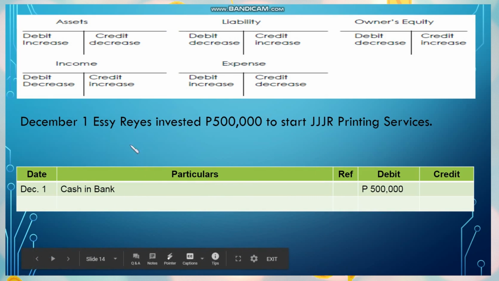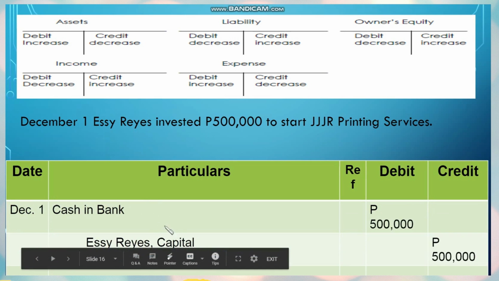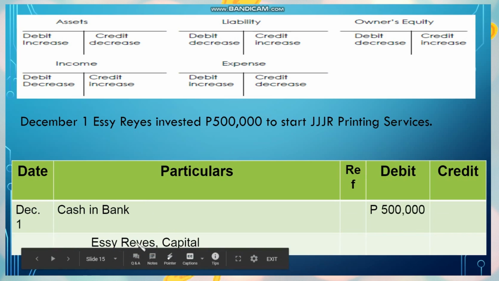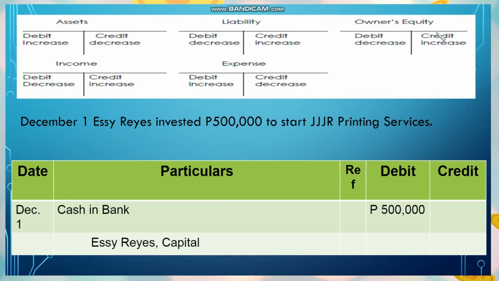Now, going back, since we received cash in bank for $500,000 and it was invested by S.E. Reyes, that means that S.E. Reyes will have an ownership in the business amounting to $500,000. So S.E. Reyes capital will be recorded. It's credited, because an increase in the owner's equity account is credited.